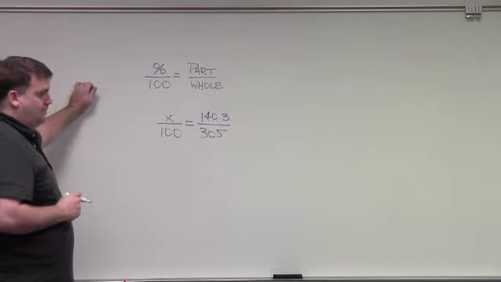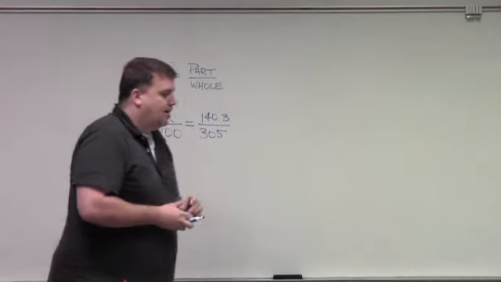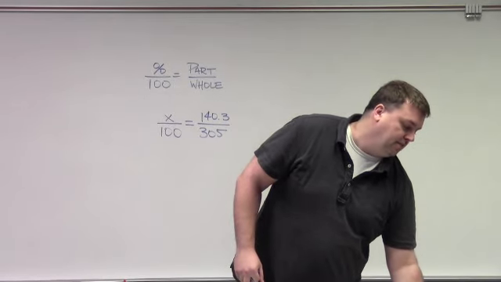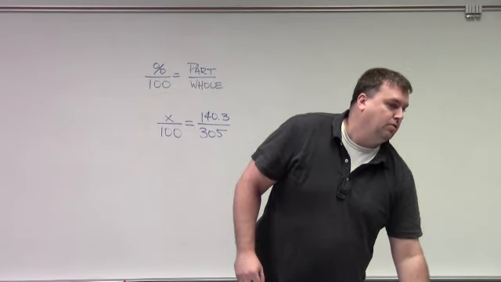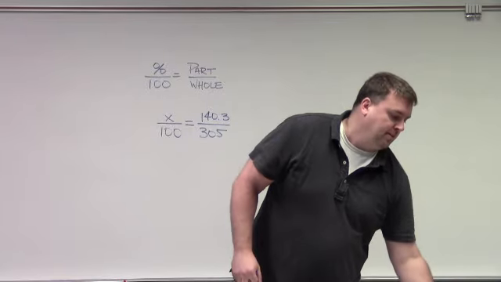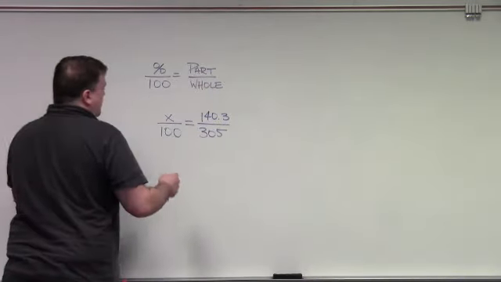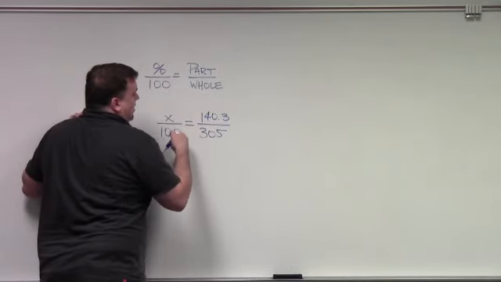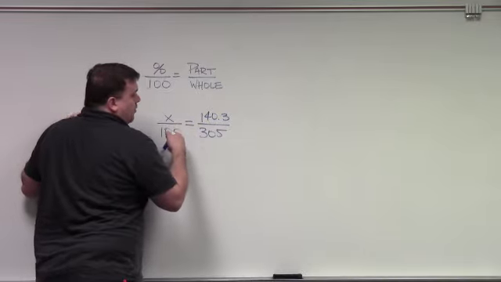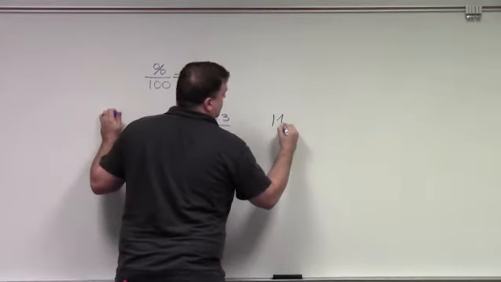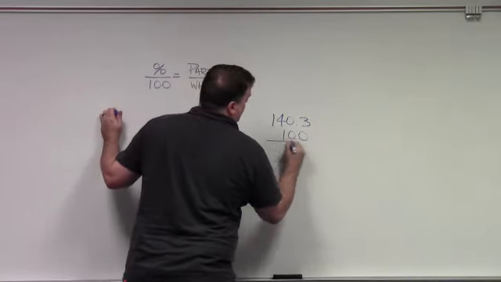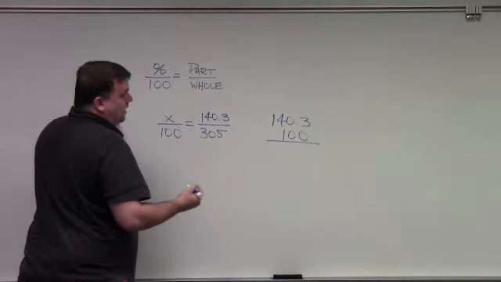How do I solve that? Well, there's a phrase at the bottom of the first page on the back. To solve, we just cross multiply and divide. What you want to do is multiply the two numbers, the diagonal that has the numbers in them. So we need to go 100 times 140.3.